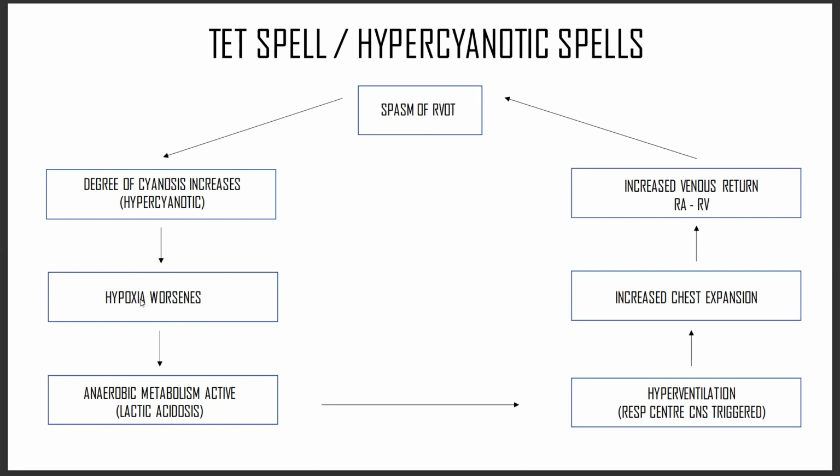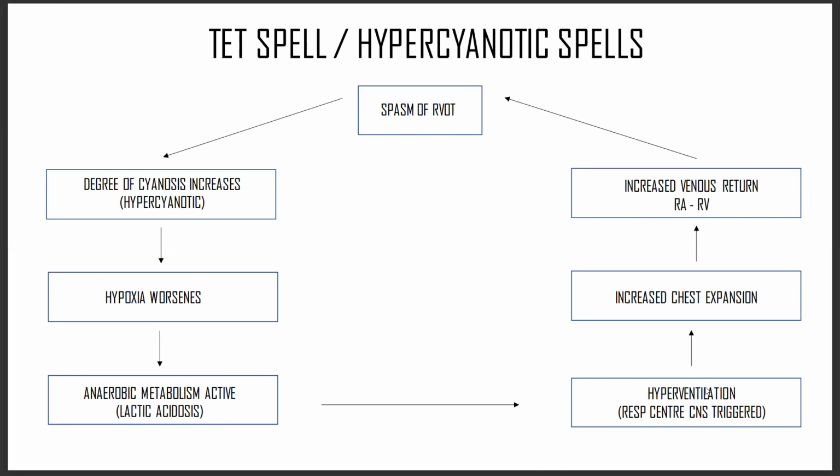Because of this hypoxia, there will be a shift from aerobic metabolism to anaerobic metabolism, so there will be production of lactic acid. Therefore, there will be lactic acidosis. To treat that, we have to give sodium bicarbonate. Because of this lactic acidosis, there is a stimulus for the respiratory center, which is triggered and there will be hyperventilation.